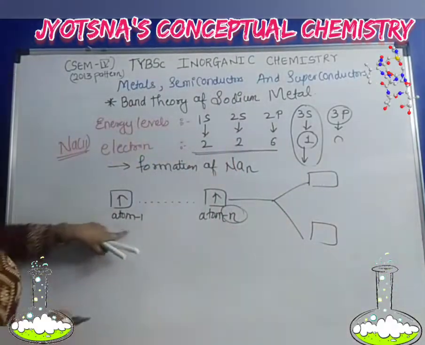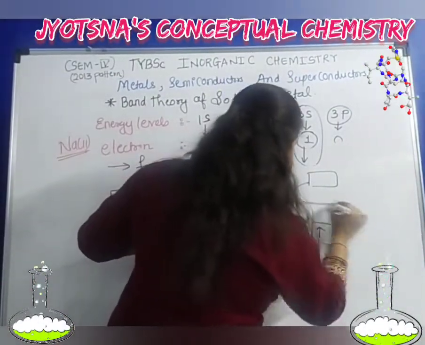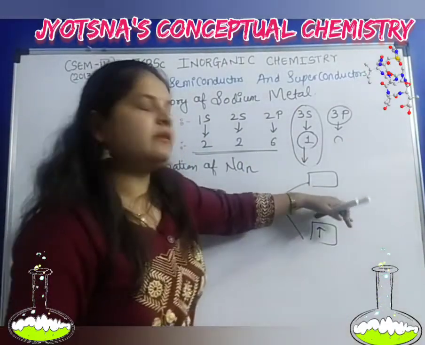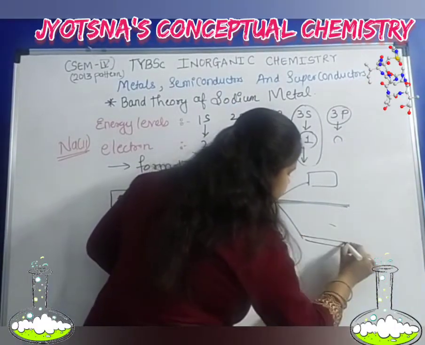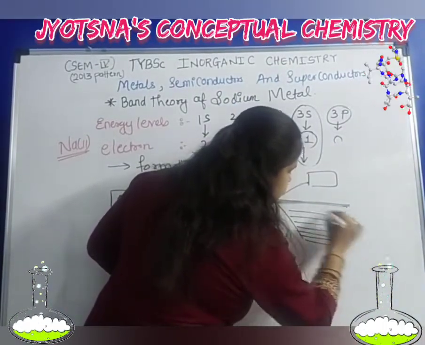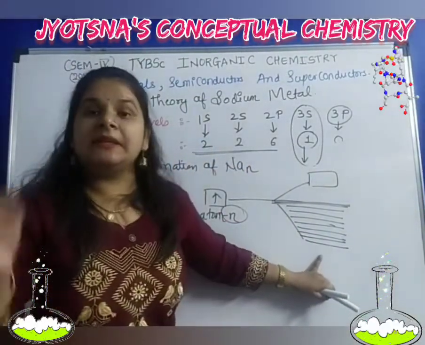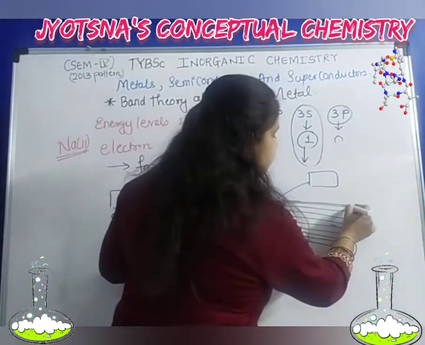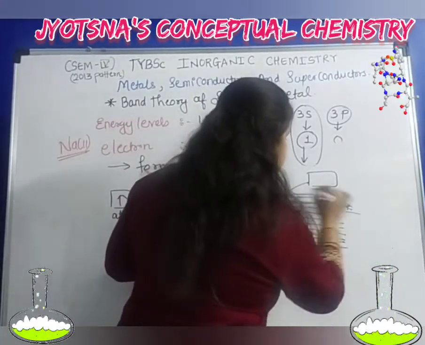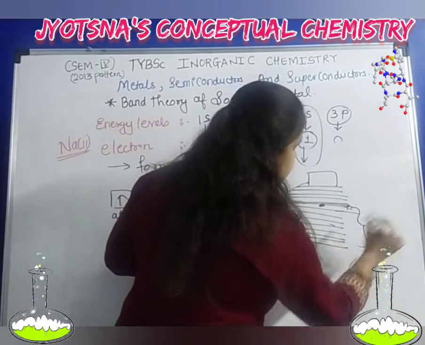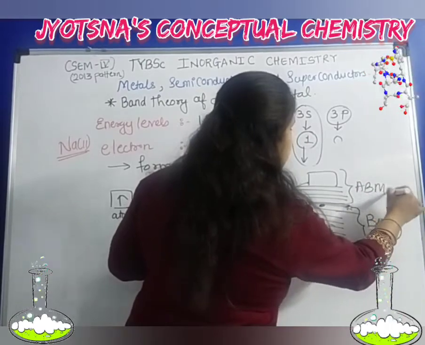See atom 1, it has 1 electron. If this is our deadline or in between of both, it will contain electrons. Here it is a bonding molecular orbital and here it is an anti-bonding molecular orbital.